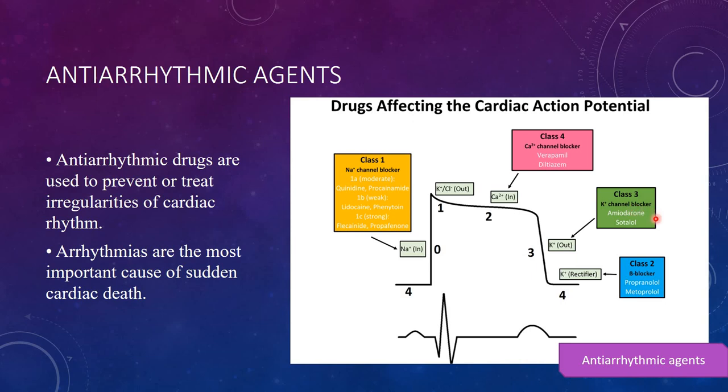Class 3: amiodarone, sotalol. And class 4 calcium channel blockers: verapamil and diltiazem. From this picture, you can understand how the various anti-arrhythmic drugs are used in the different phases of the electrophysiology of the heart.